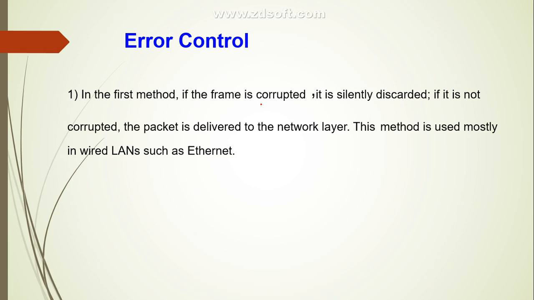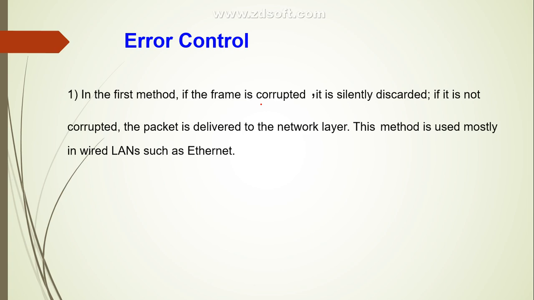Now, guys, the underlying technology at the physical layer is not fully reliable. We need to implement error control at the data link layer to prevent the receiving node from delivering what? Corrupted packets to its network layer. And error control at the data link layer is quite simple and implemented using one of the following two methods.